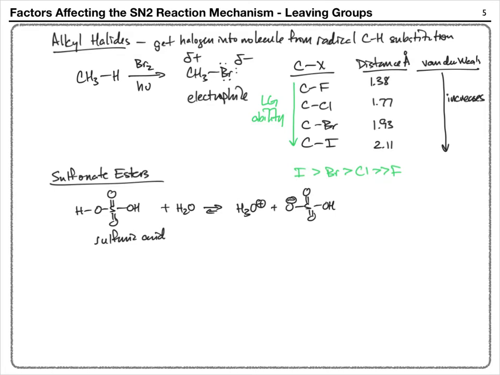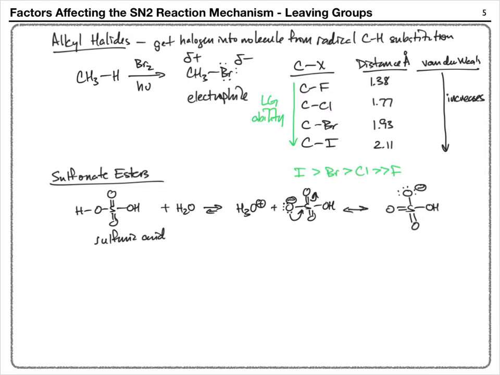Put another way, this is really stabilized, and it's stabilized through resonance or conjugation. So what is a resonance arrow? That negative charge can migrate. By stabilizing that negative charge, it's a good leaving group.